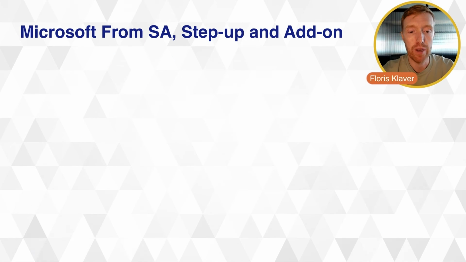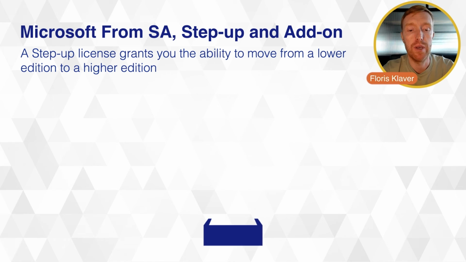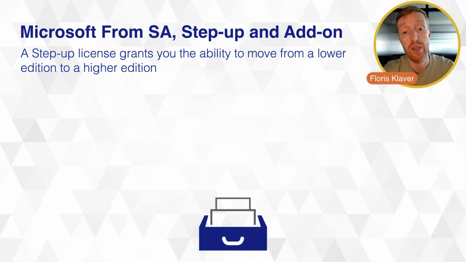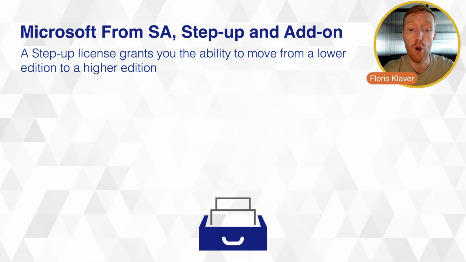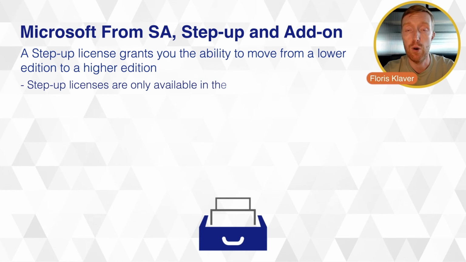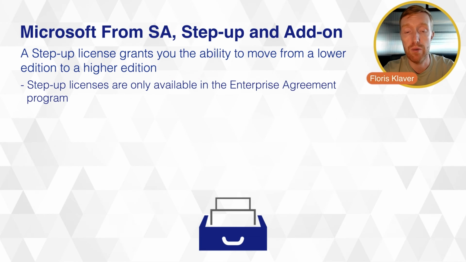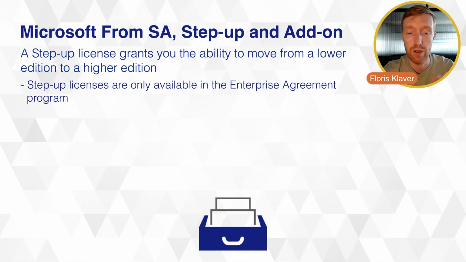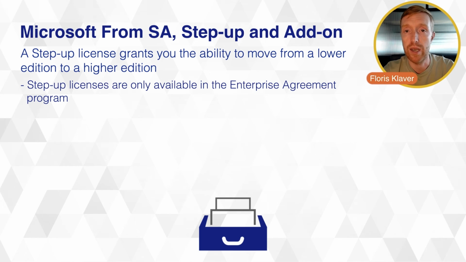And finally, we have step-up licenses. A step-up license grants you the eligibility to move from a lower edition to a higher edition. Step-up licenses are only available in the enterprise agreement program and specific niche other programs, potentially like the MPSA.